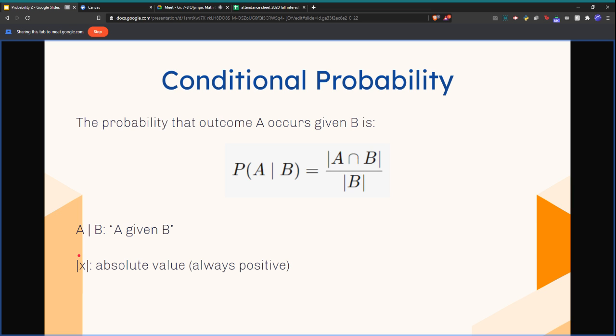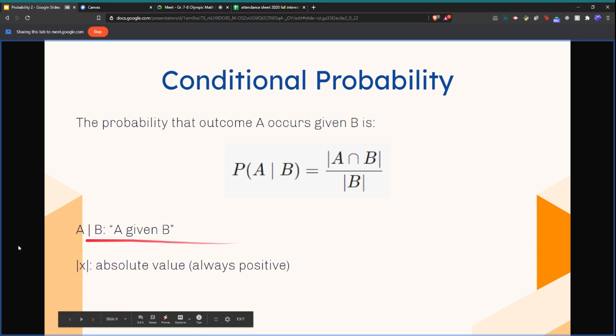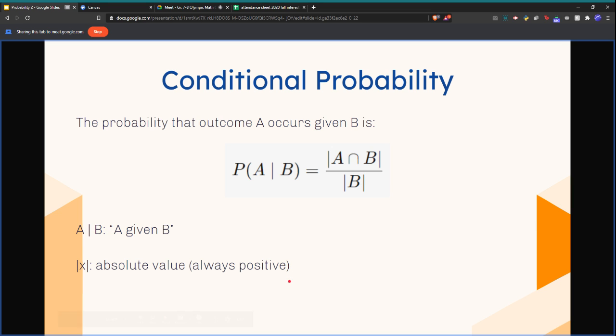But say x was -1, you'd have to convert that to a positive value, so the absolute value of -1 would be 1. If you want a definition, it's for numbers that are countable. Say you're measuring the length of something in centimeters. You don't say -1 centimeters, that doesn't exist. You have to say 1 centimeter.